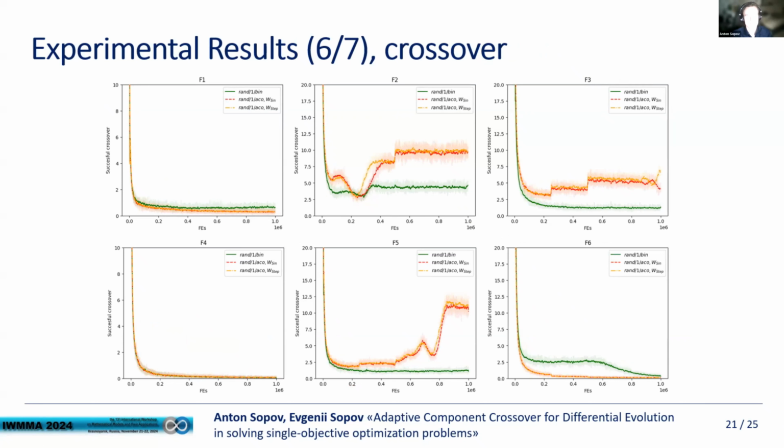On the x-axis, it is function evaluations or iterations, and on the y-axis, we have the number of successful crossover rates, and it can be seen that at the later stages of evolution, the crossover rate increases, which means that the algorithm does not converge to a specific local optimum and tries to find more solutions. But of course, that is not the case for F1 and F6 problems.